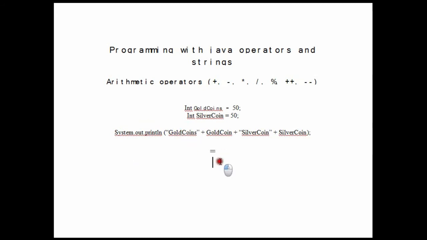It will say gold coins, then 50. Because I haven't left a space here, it would have been 50 straight away without a space, but now that I've left the space, it's going to be like that. Then followed by silver coins, then 50 again.